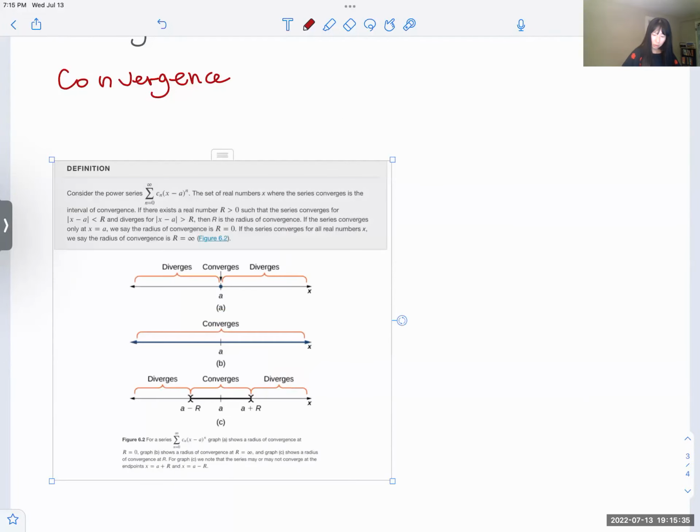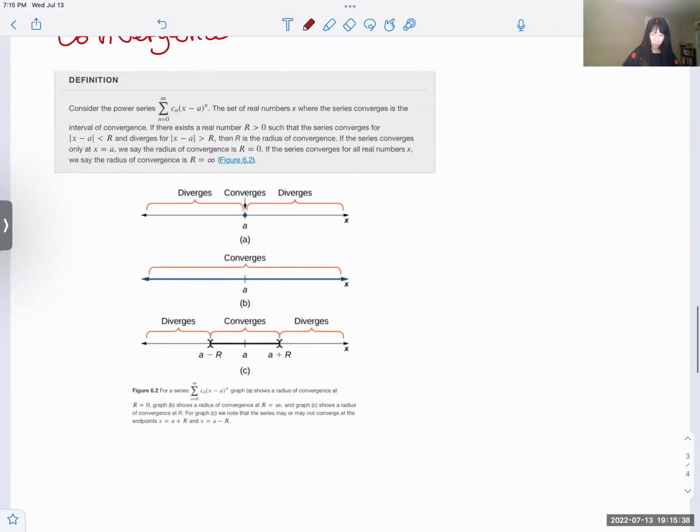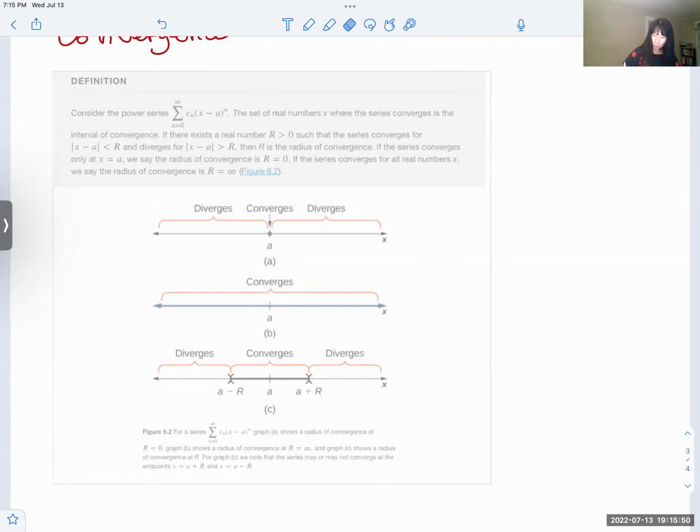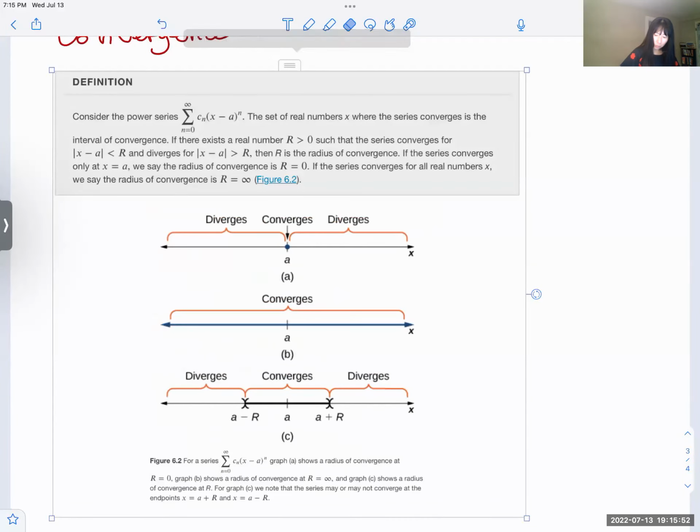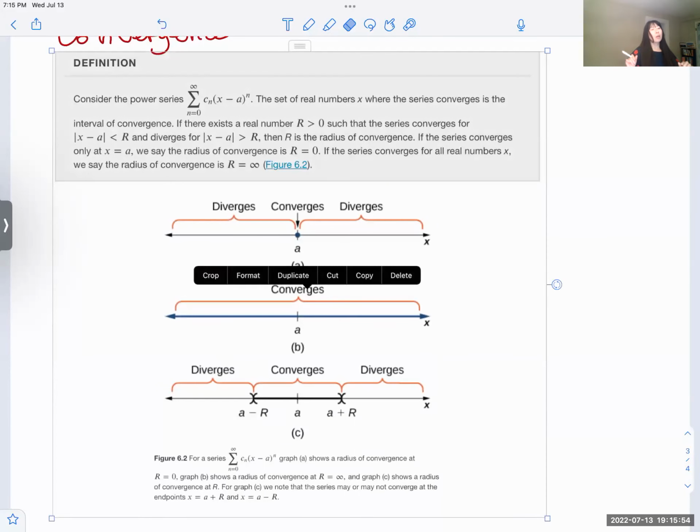There is a lot of wording, so it's better we understand with the picture. That's why I brought the picture here as well. This is the definition about convergence and the radius of convergence.